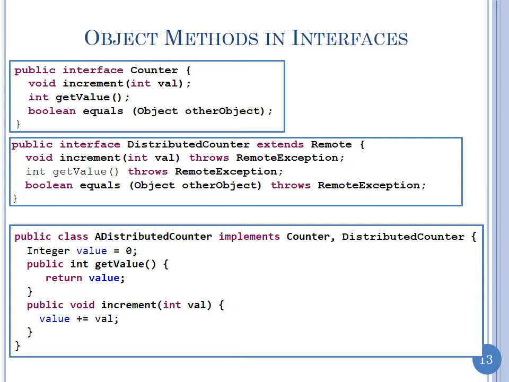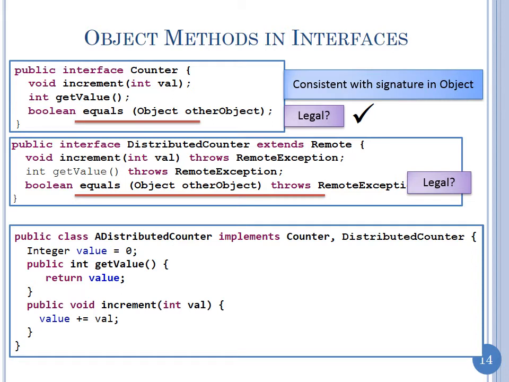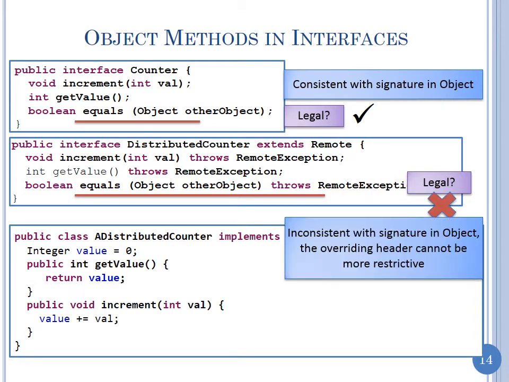Okay. Is any one of these two legal? So is this legal? And is this legal? And Leo kind of answered the question already, but let me just pose this question more specifically to you guys. So this is fine. It's consistent with the signature in Object. Okay. And this is not fine because the overriding header, as Leo said, cannot be more restrictive.